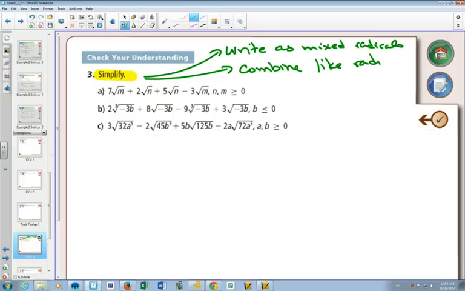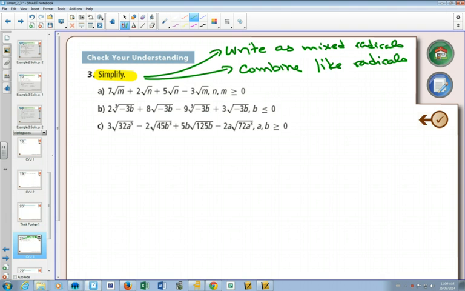You have to know that simplify in mathematics ends up meaning hundreds of different things. With radicals, simplify means write things as mixed radicals and then combine like radicals. So you have to see, first of all, can you simplify it into a more basic family member? Are there things that you could pull out of the square roots? And then once you've done that, then you're going to be asked to combine like radicals.